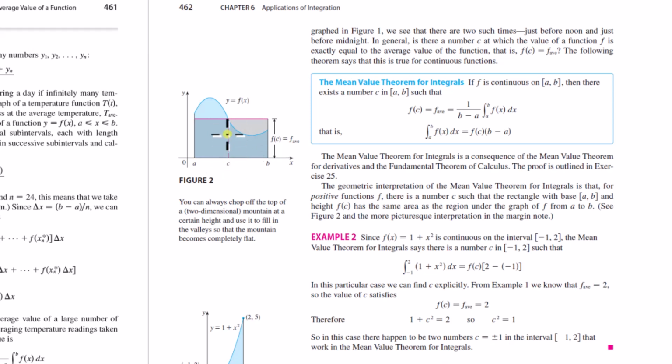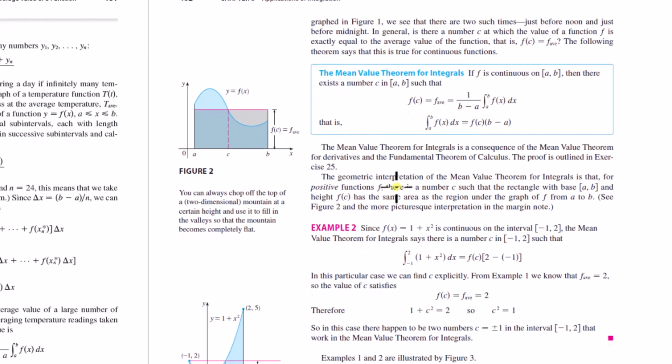And you know that when you evaluate f of c, that's the average value of the function. But again, this geometric interpretation is just for a special case where the function is always positive, but still useful to think about to understand this mean value theorem for integrals.